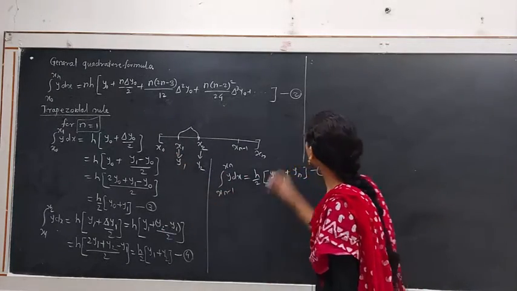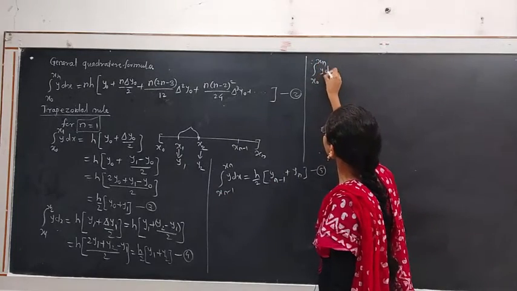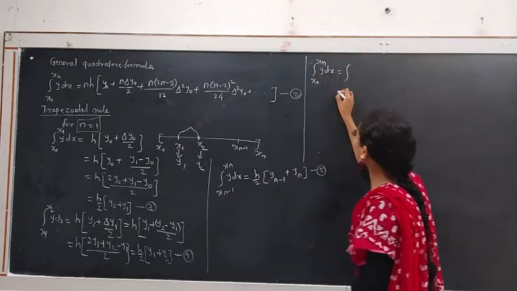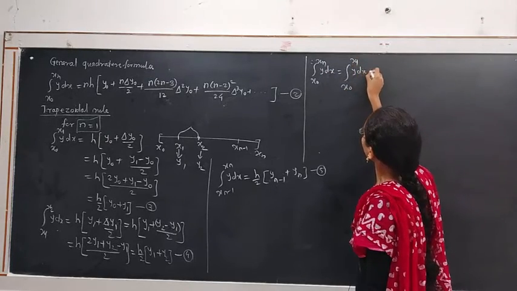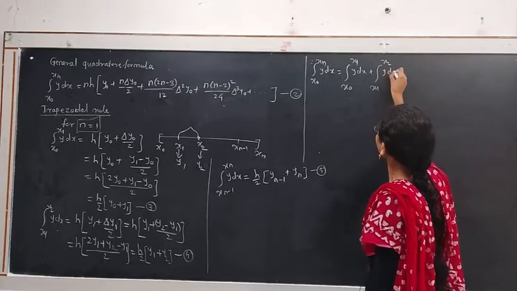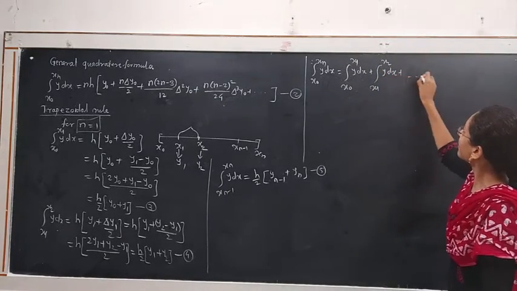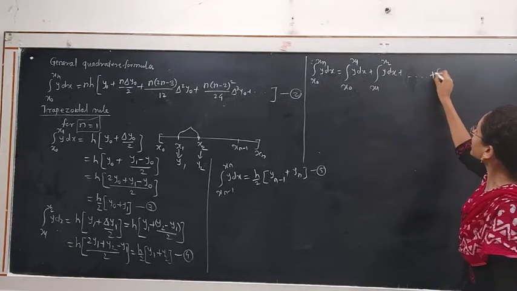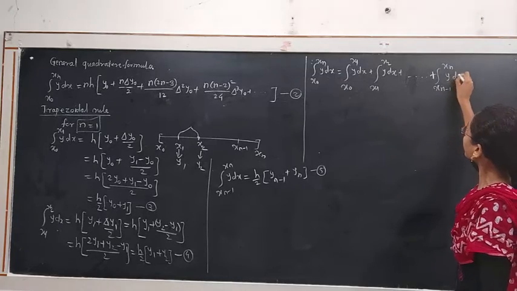See, this integration from x0 to xn y dx is nothing but the integration from x0 to x1 plus integration from x1 to x2 plus integration from x2 to x3 and up to plus integration from xn minus 1 to xn y dx.